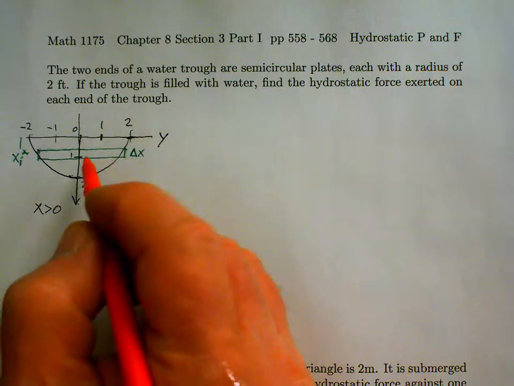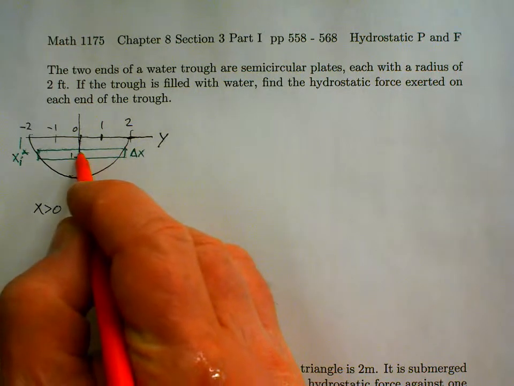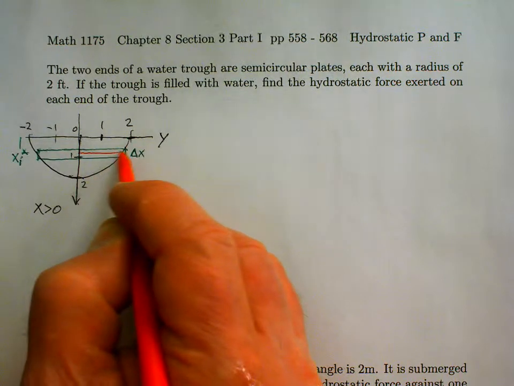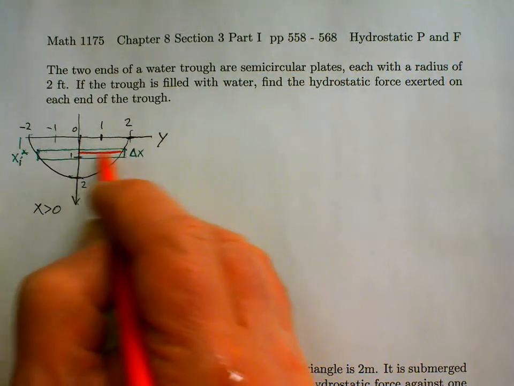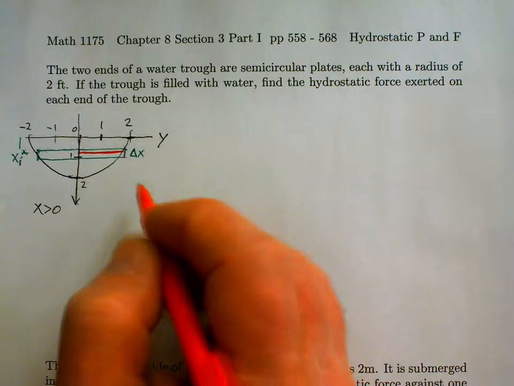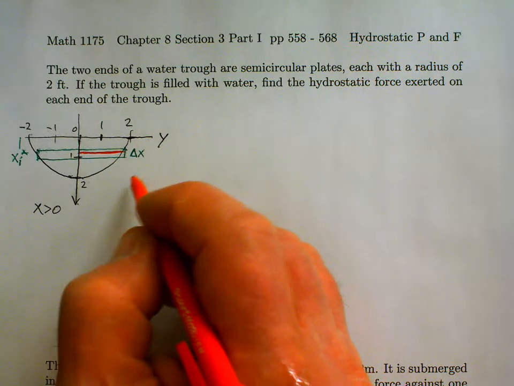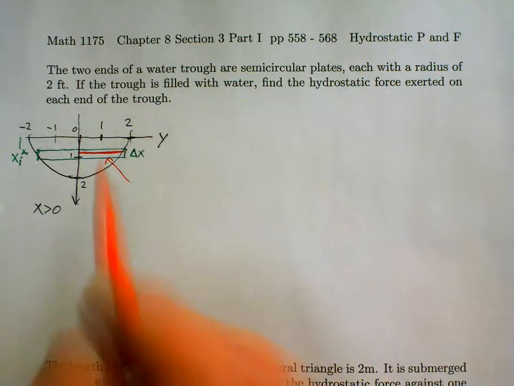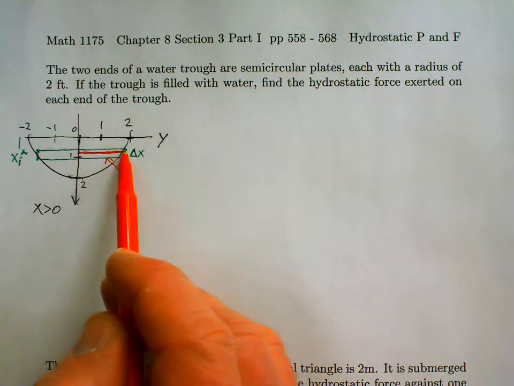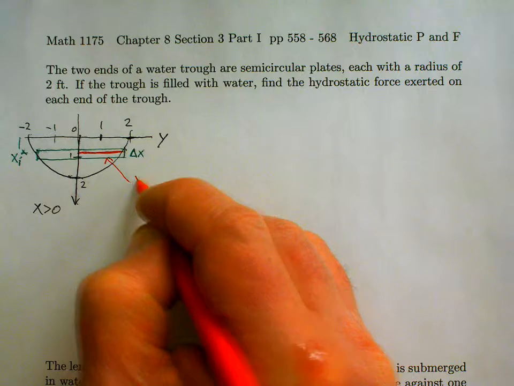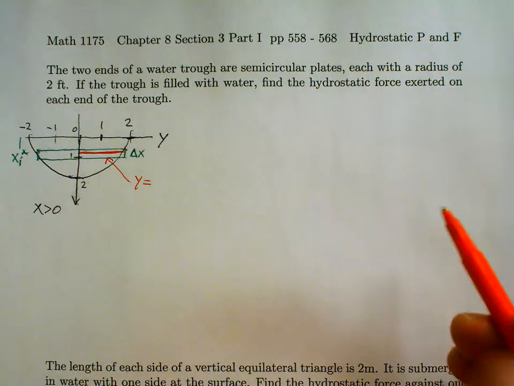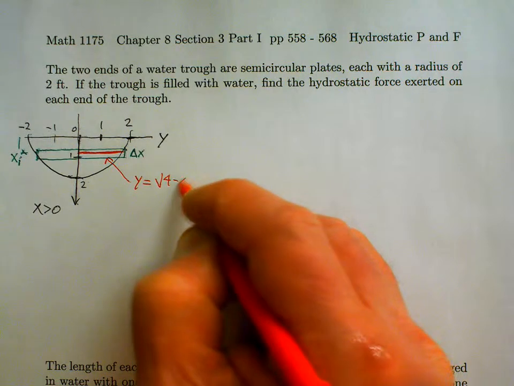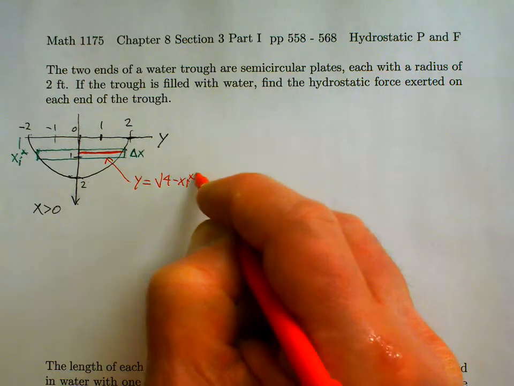Well, I think it's easier if we focus on finding half that length, because on the right side, that length is just y equals the square root of 4 minus x sub i star squared.